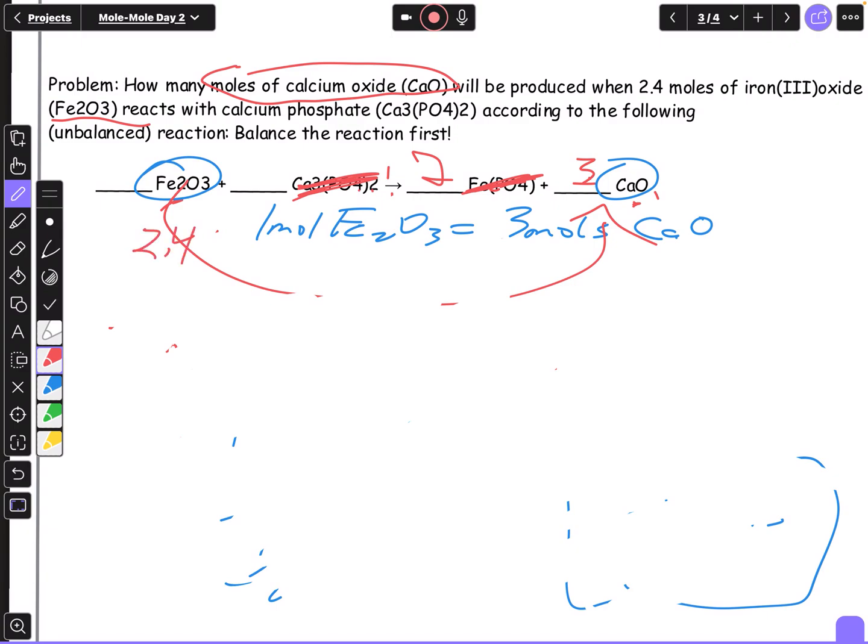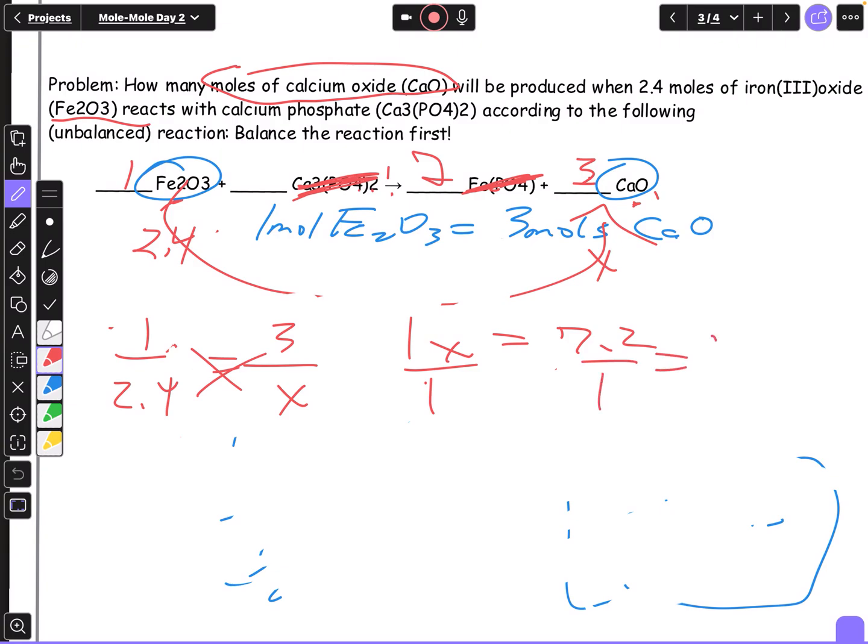I'm looking for moles of CaO, put an X under there. So that's going to be 1 over 2.4 equals 3 over X. Cross multiply, 1X equals 7.2. Divide both sides by 1, you get 7.2. Same answer. Pick which method works best for you.